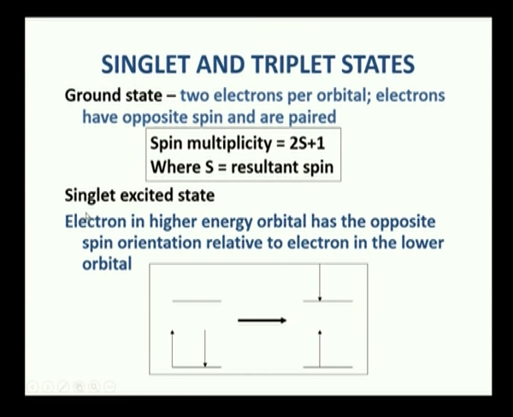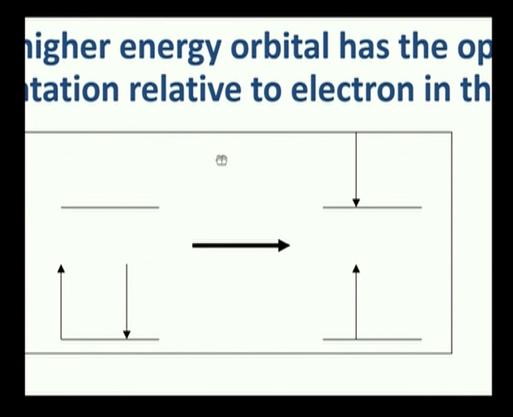In the singlet excited state, the electron in the higher energy orbital has the opposite spin orientation relative to the electron in the lower orbital. In this diagram, this is the ground energy level where the electrons are paired: one electron has plus half and the other has minus half.